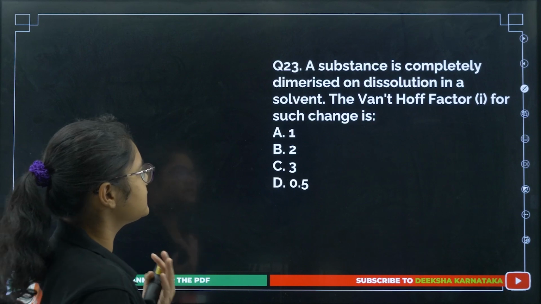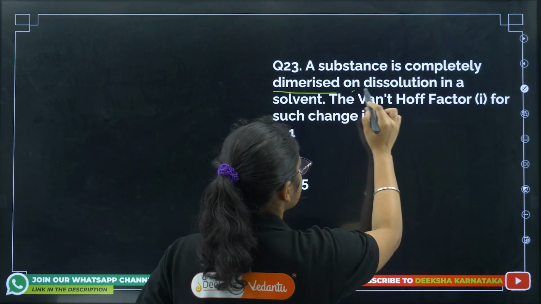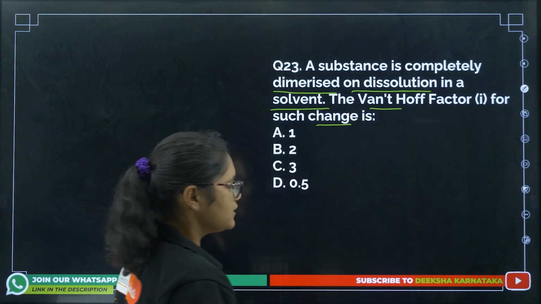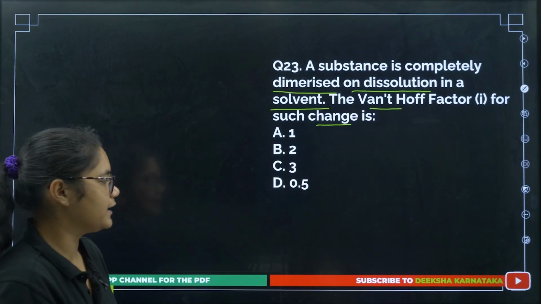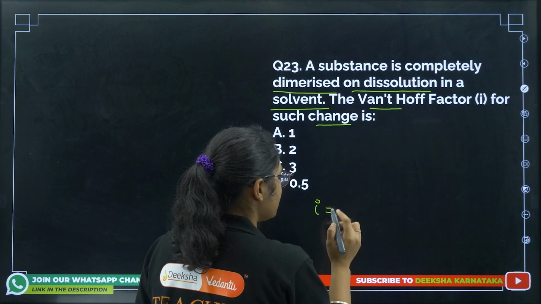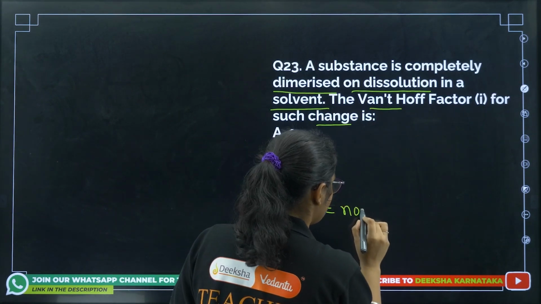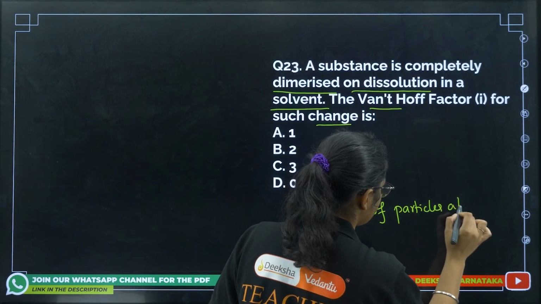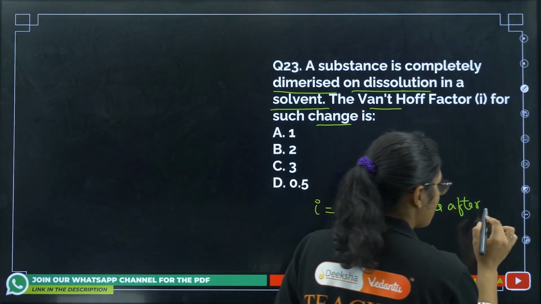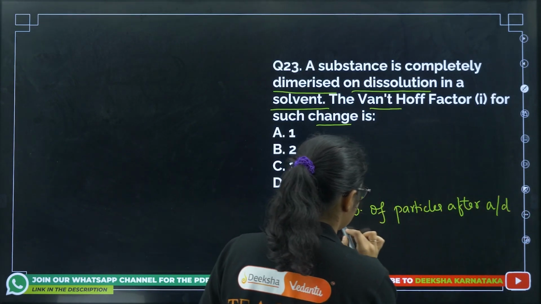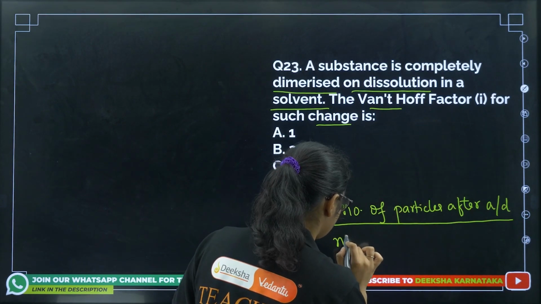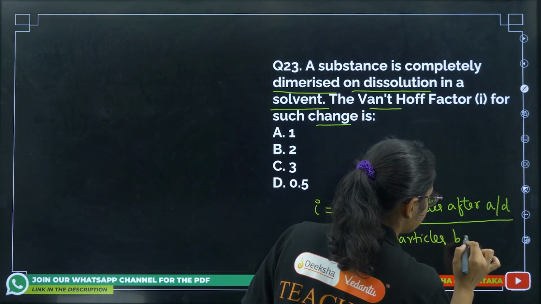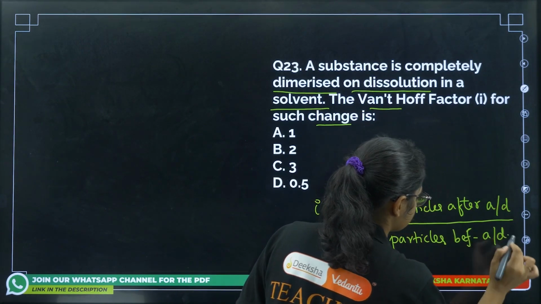A substance is completely dimerized on dissolution in a solvent. The Van 't Hoff factor is? If you know the Van 't Hoff factor, how to calculate it? It is the number of particles after association or dissociation divided by the number of particles before association or dissociation, right?